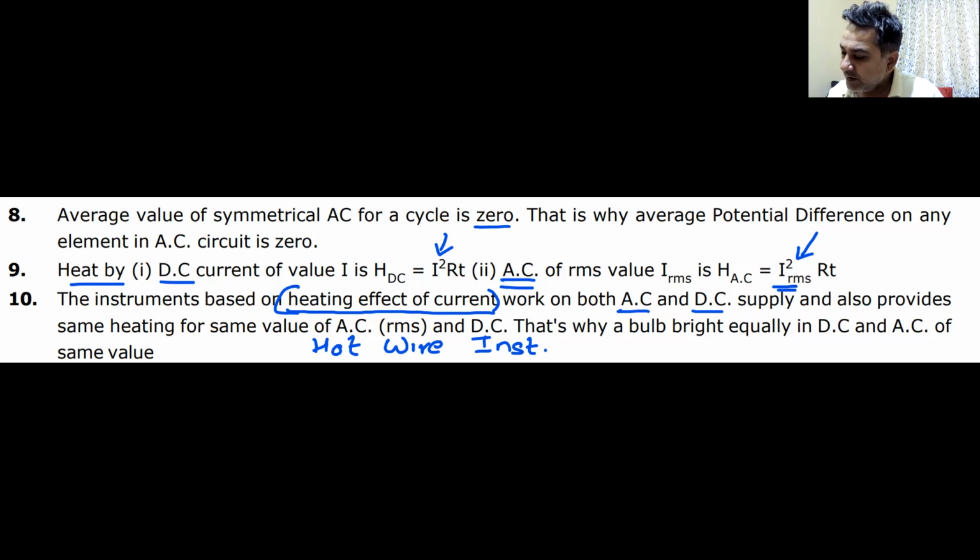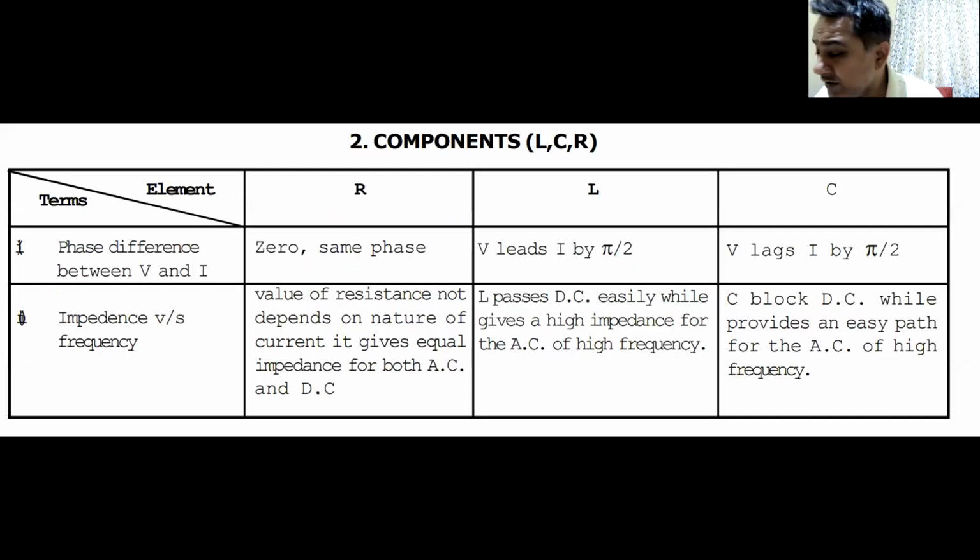Now, we have seen in DC that there are three components in a DC circuit. We are not talking about the battery or switches. I am talking about the three components that we already know of in a DC circuit. Do we remember R? R standing for resistance, yes or no? Yes, sir.